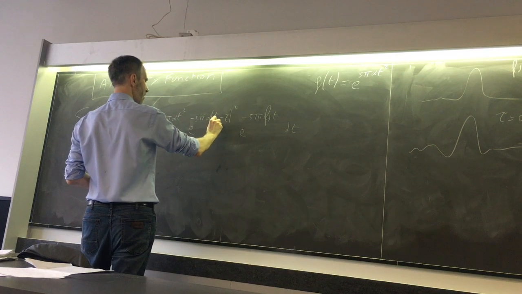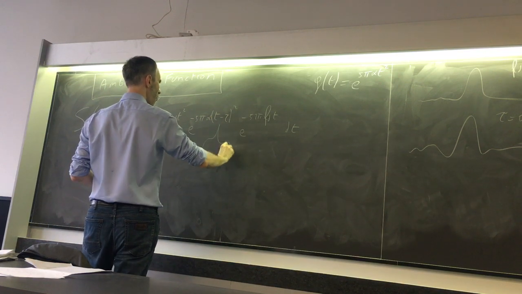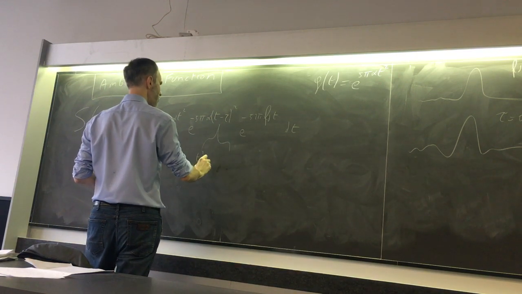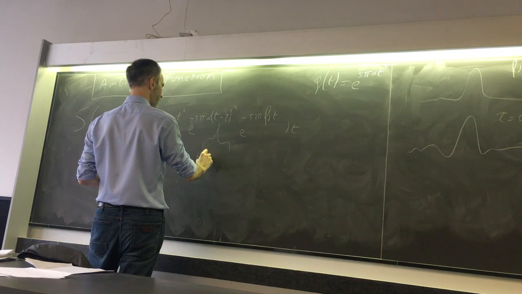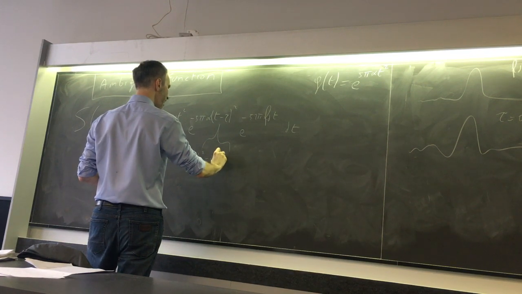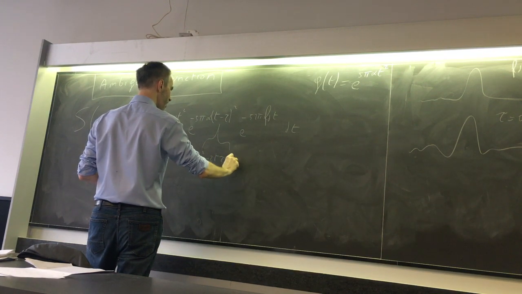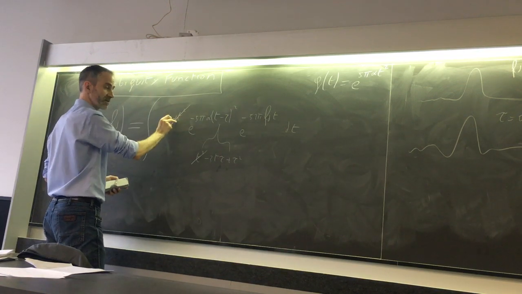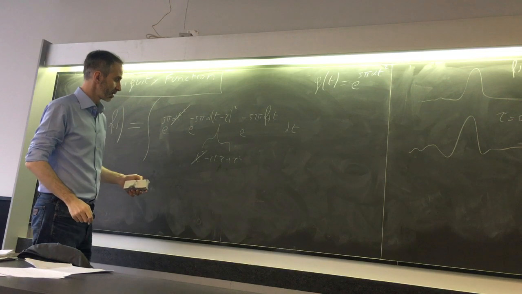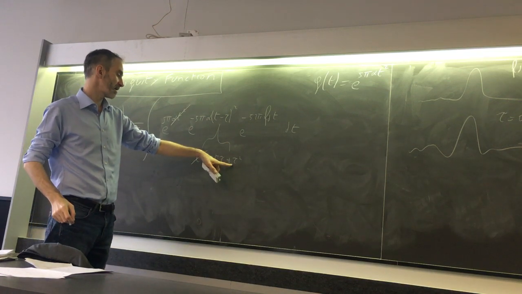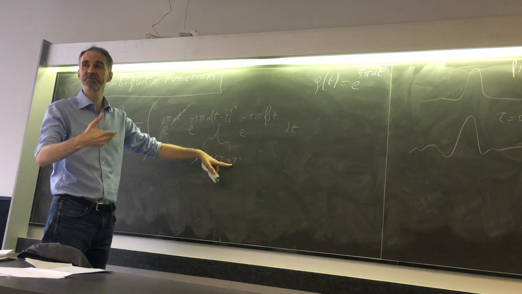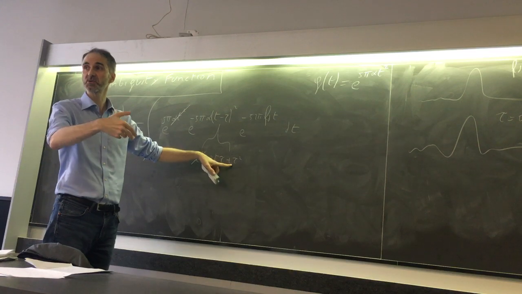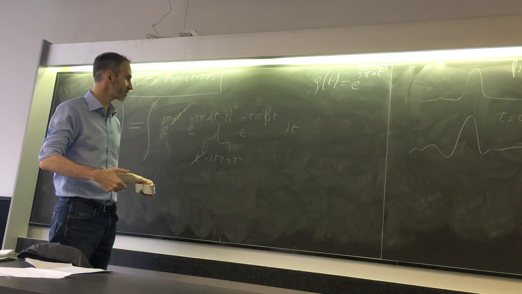So this square form you can express as t squared minus 2t tau plus tau squared. So the t squared is killed with this other one. This tau squared is just a constant phase, so it does not contribute to the result of this integral.